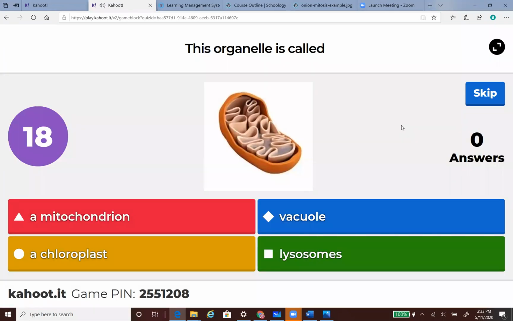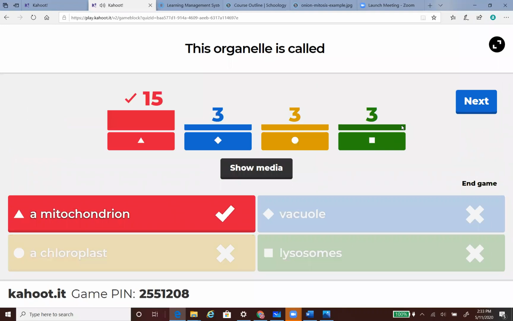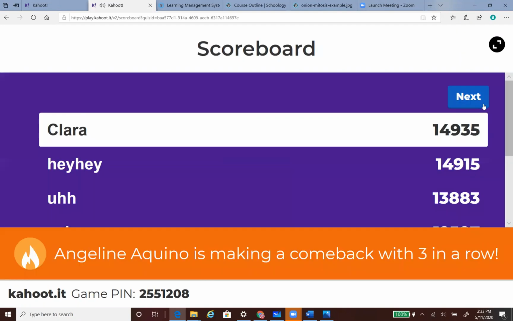What is it? Or what is it called? Yes, very good. Mitochondria is plural. Mitochondrion is singular. Excellent. Powerhouse of the cell.